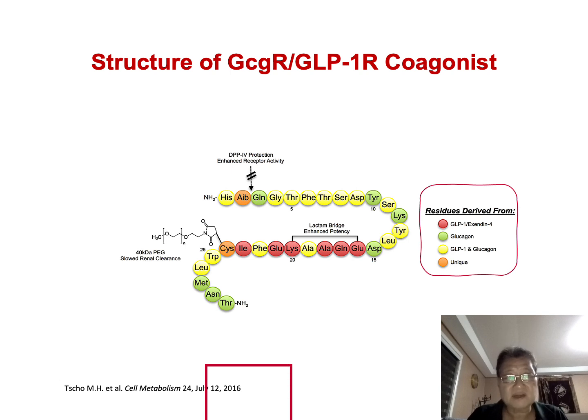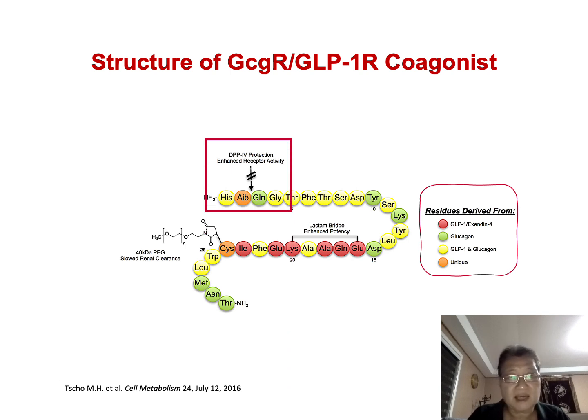The residue derived from unique AIB. AIB stands for aminoisobutyric acid, to protect it from DPP4 enzyme cleavage. In addition, there is a PEG structure or pegylated structure, polyethylene glycol, to slow the renal clearance to make the drug longer acting.